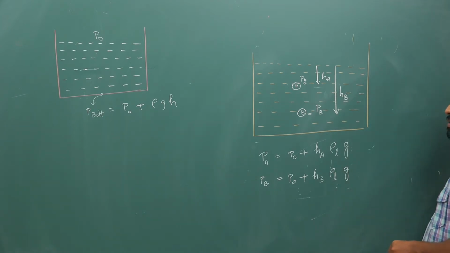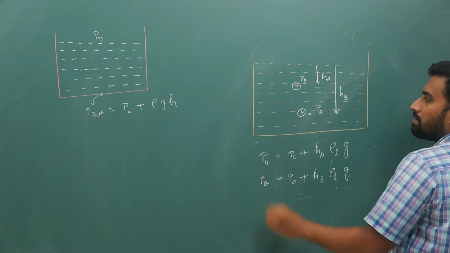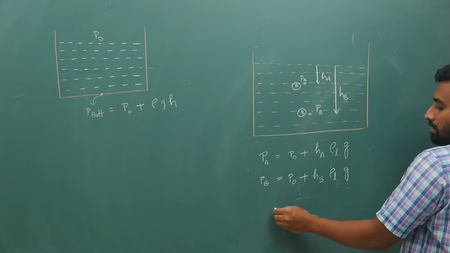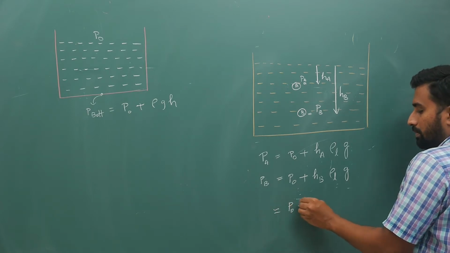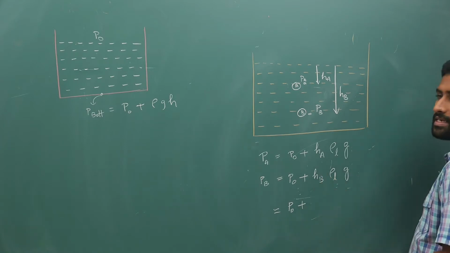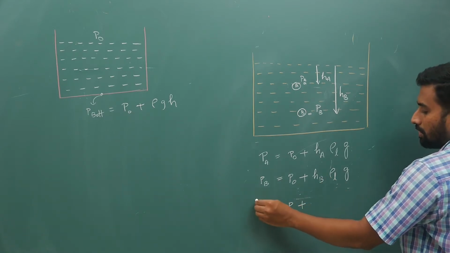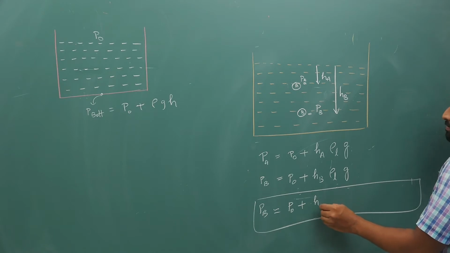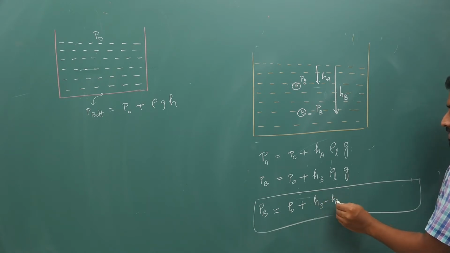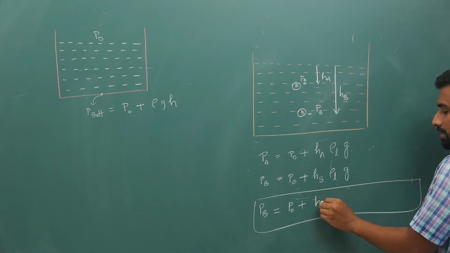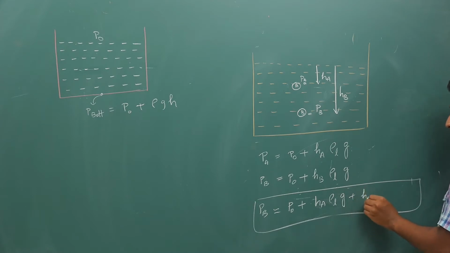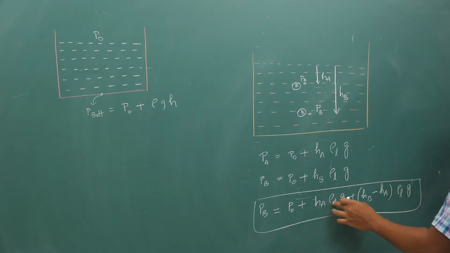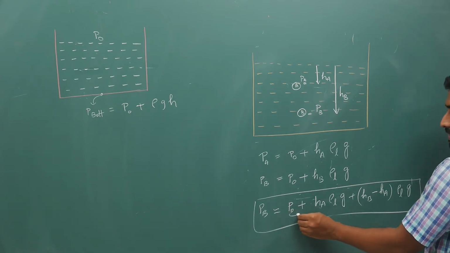Now if you rearrange this, PB is P0 plus HA into rho of liquid into G, plus HB minus HA into rho of liquid into G. Now P0 plus HA rho L G becomes PA.